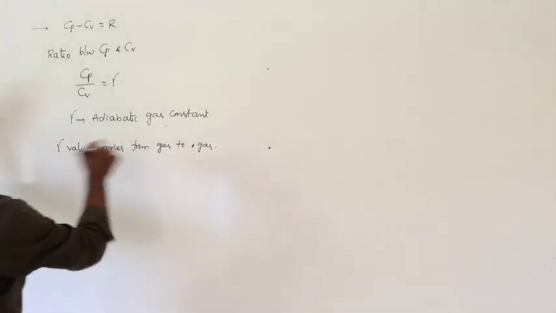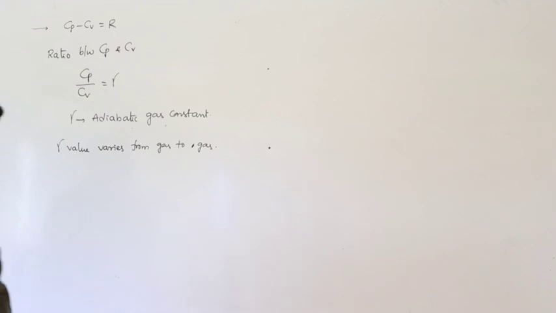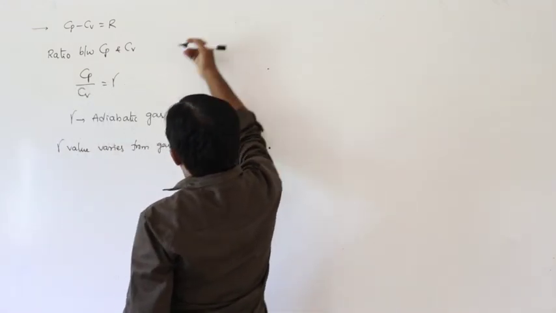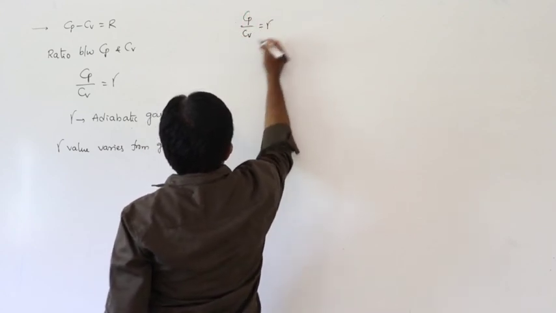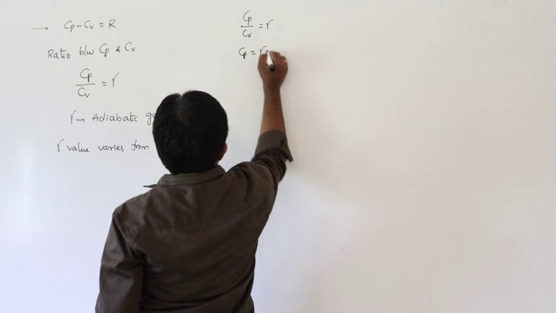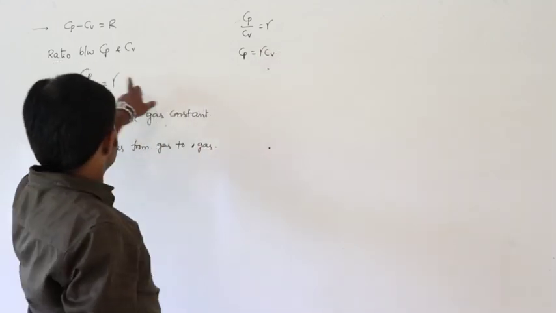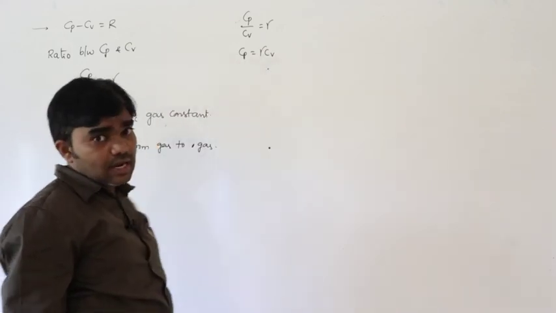From these two, what we can write is, Cp by Cv is equal to gamma. That means Cp can be written as gamma Cv.